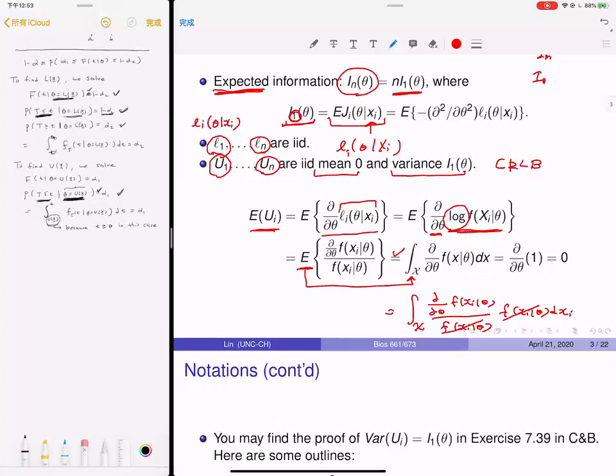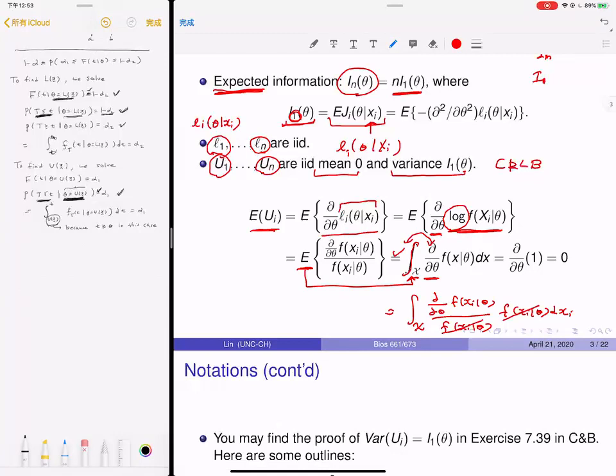Remember we talked about integral on the sample space and differentiation on the parameter space. Then I can switch them, the so-called exchangeable property, which means we need that condition to be satisfied: integral and differentiation could switch.